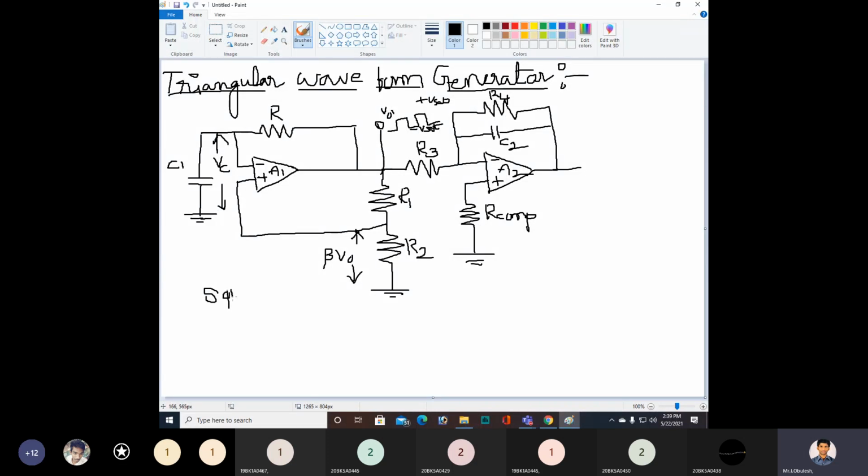This is the square wave generator. This is the integrator diagram.